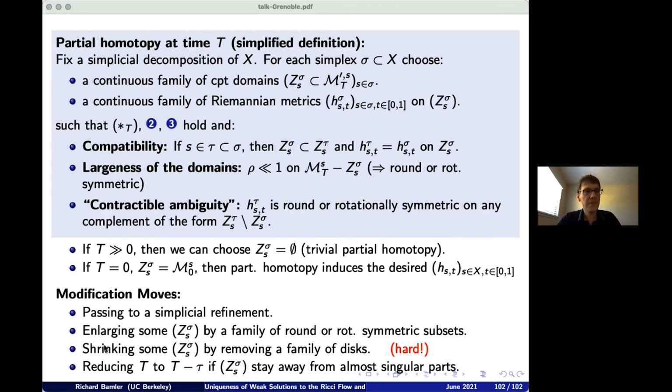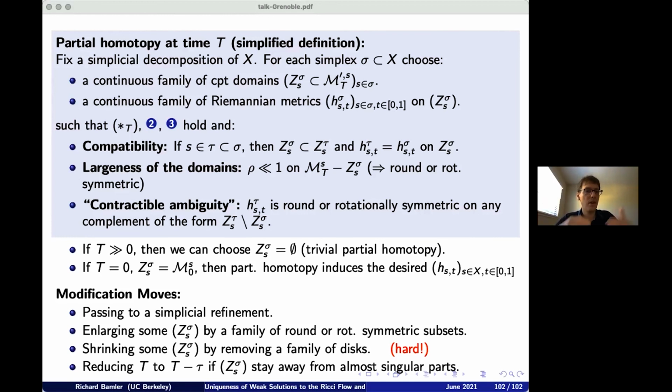Then we shrink some C sigma where the curvature scale is too small, so that we can move these C sigmas backwards in time, staying away from the almost singular part. In this step, we basically concatenate these H sigmas by the corresponding almost Ricci flow, rounded Ricci flow.